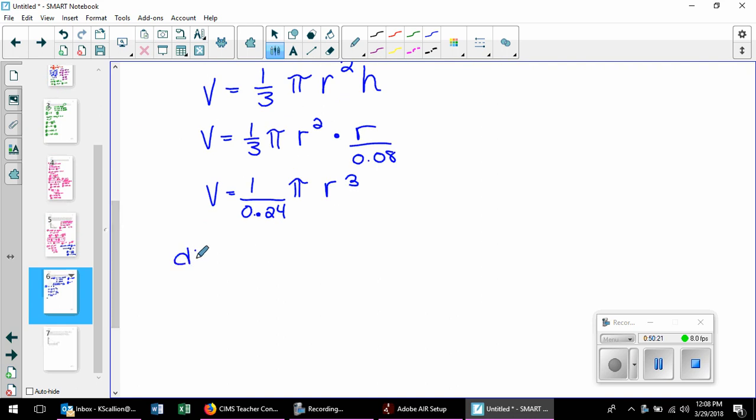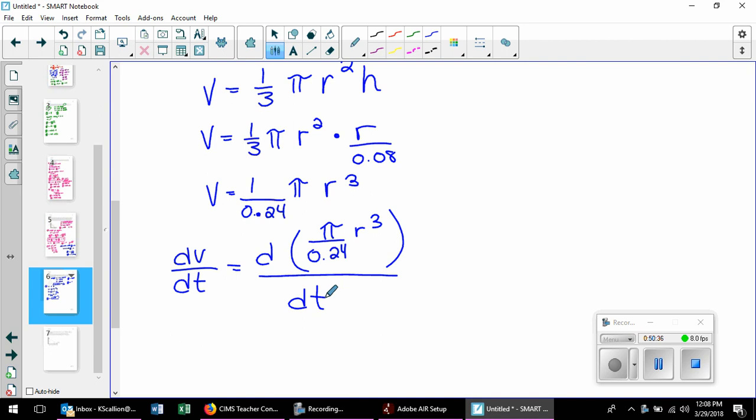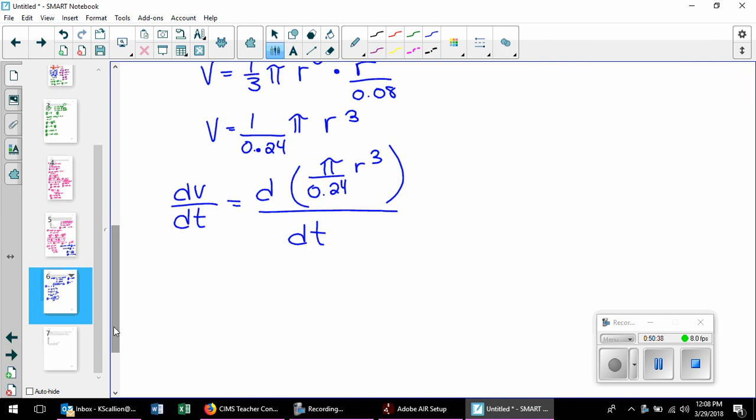So we're going to differentiate this side. Let's do this. Do we know this? Yes, we know this. Okay, so we know this is 156 pi.